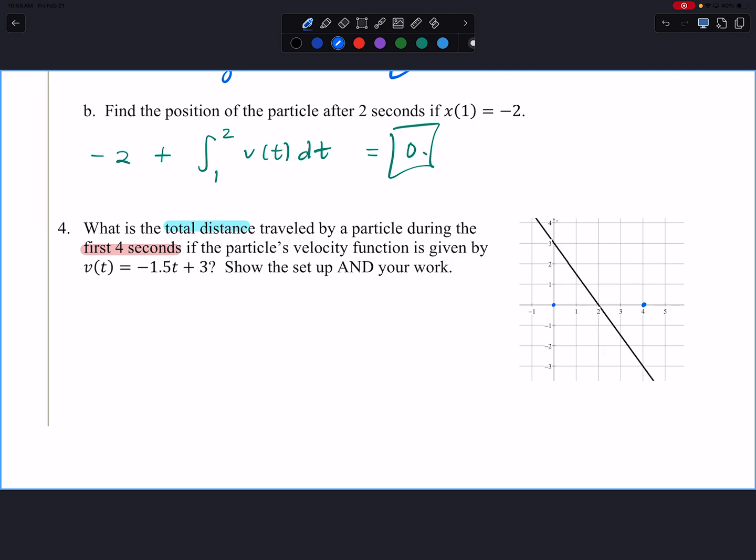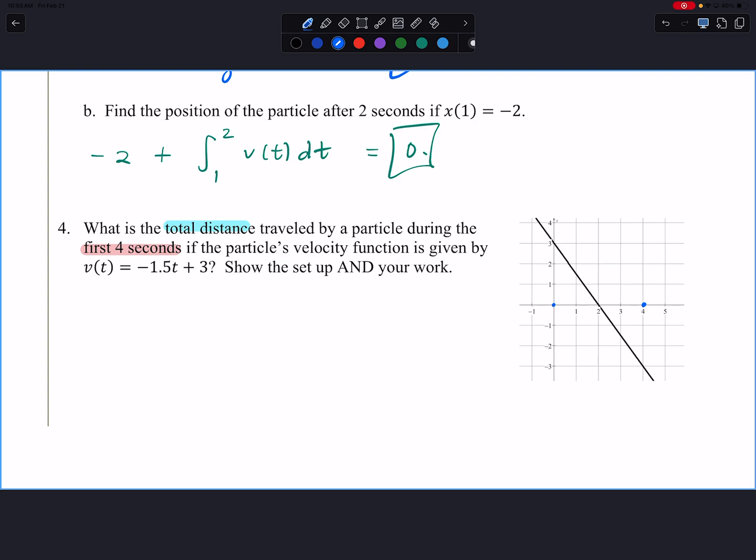What did we do in a previous problem when it asked us to find total distance? What did we do with the function? We took the absolute value, okay? So what that means is we have a graph, right? Do you guys see how the area under the curve from here to here is positive? The area under the curve from here to here is negative. So do you guys agree that means I need to take the absolute value of this part? Does that make sense?